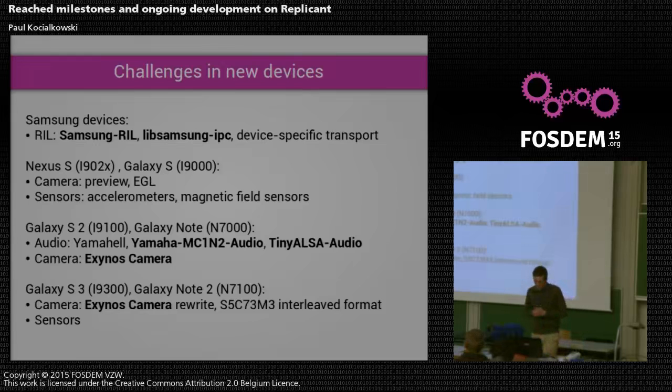On those, we had to work a bit on the camera to get preview working without graphics acceleration. That was a bit of a challenge. Sensors, also we had to figure out how do the accelerometers work. That's what you need so that your screen rotates when you rotate your device. Also, the magnetic field sensor was kind of challenging on both devices.